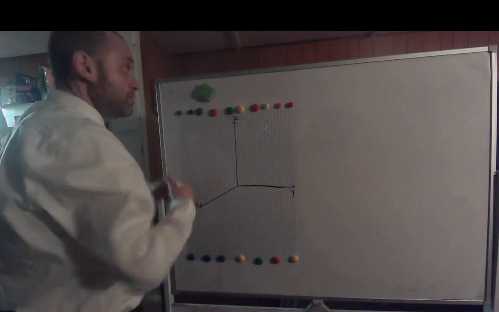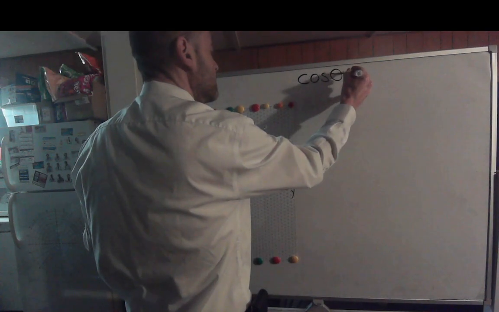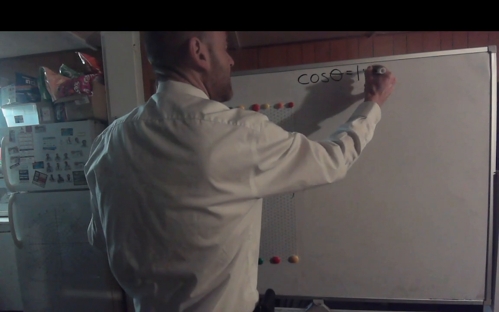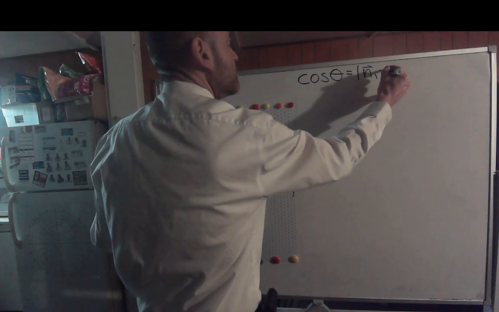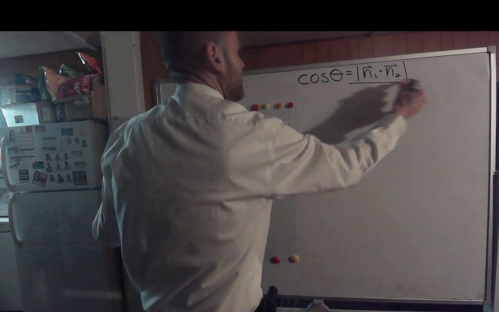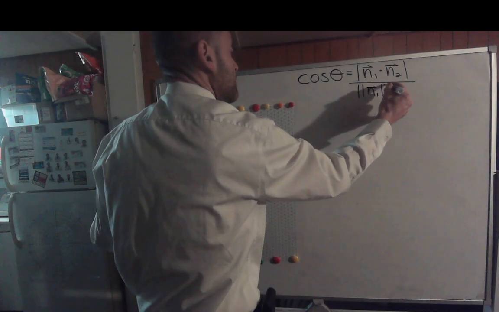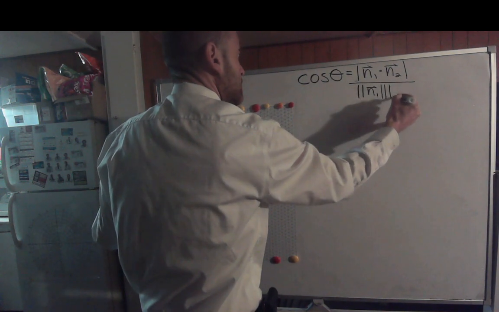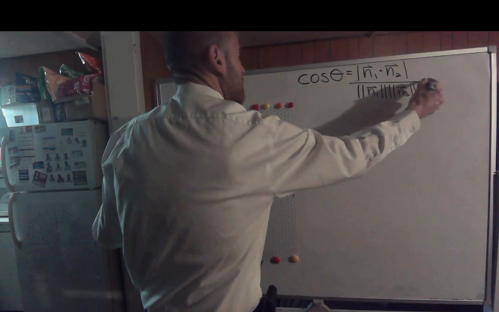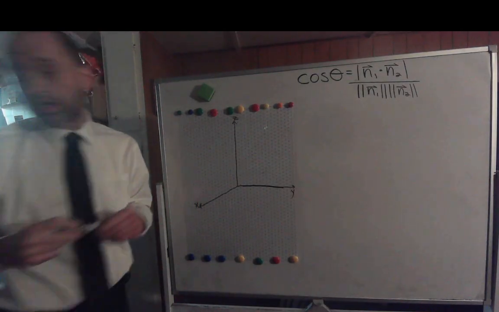So the cosine of theta is equal to the absolute value of the dot product of your two normal vectors divided by the product of the magnitudes of those two normal vectors. Alright, so there's the formula to find the angle. Now let's get into some actual equations.